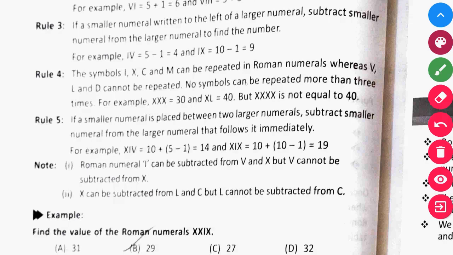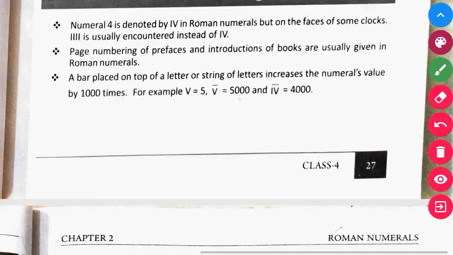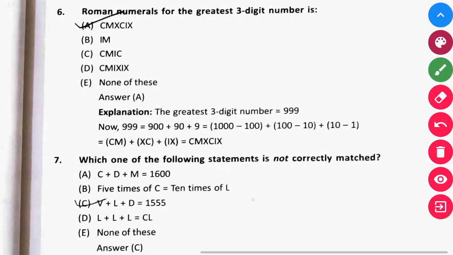I, X, C and M can be repeated in Roman numerals while V, L, D cannot be repeated. No symbol can be repeated more than 3 times. XXX we can write 3 times to denote 30, but to denote 40 we cannot write X 4 times. That's why option A is also not a valid one. We write 40 as XL. So your answer is option D in that case.